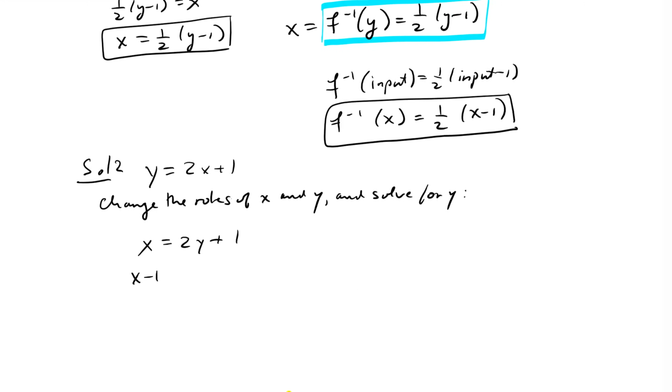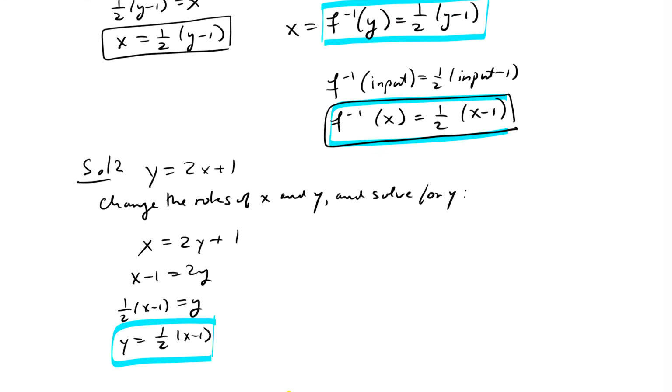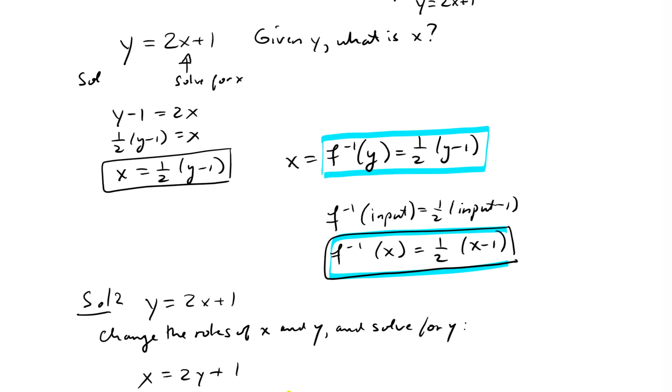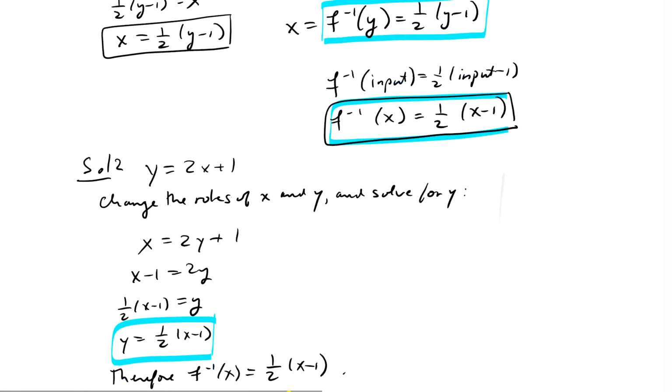If I solve for y, I'm going to get 1/2 x minus 1 is y. So now y is really my inverse. If you look at what I have here and what I have here, those are the same. So therefore f minus 1 of x is 1/2 x minus 1. So you can do it any way you want to. This is solution 1, solution 2.